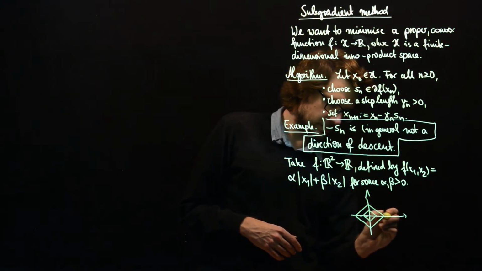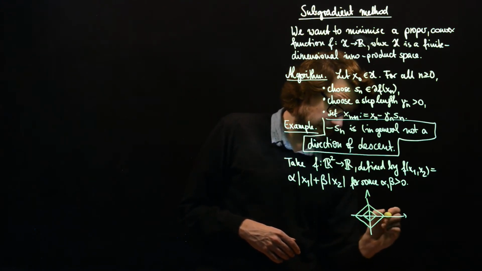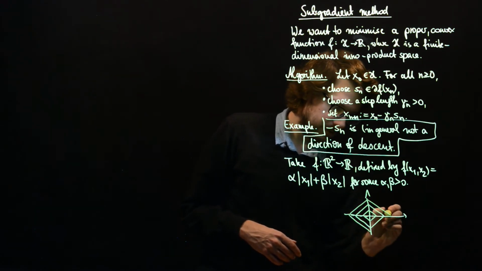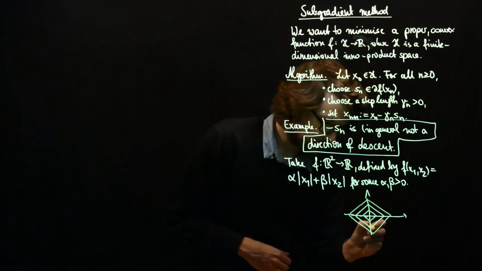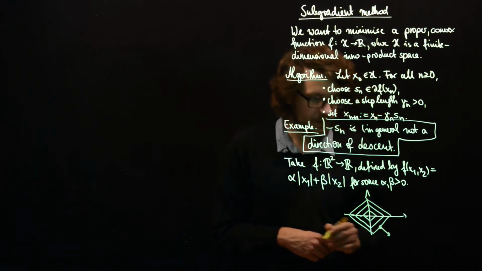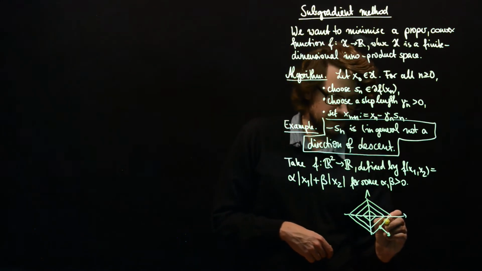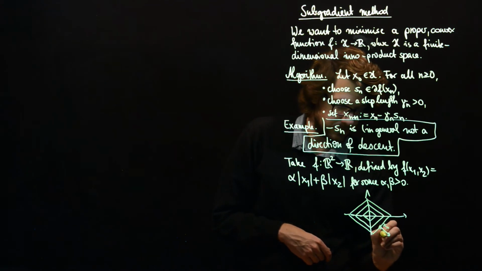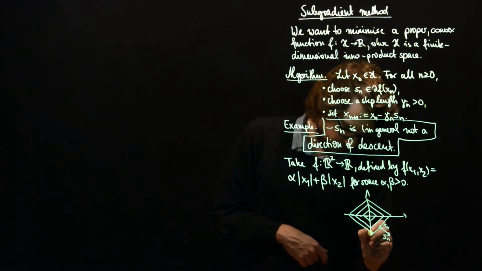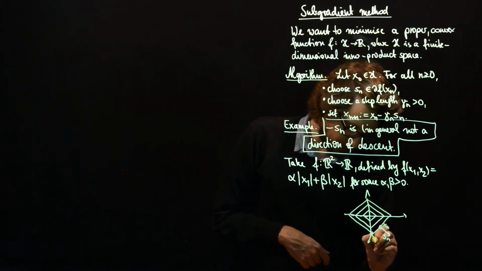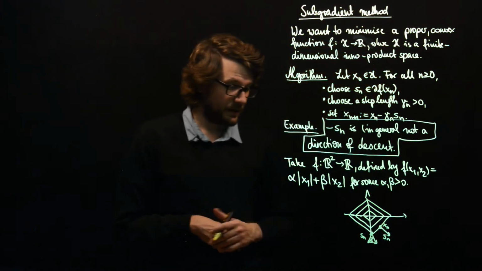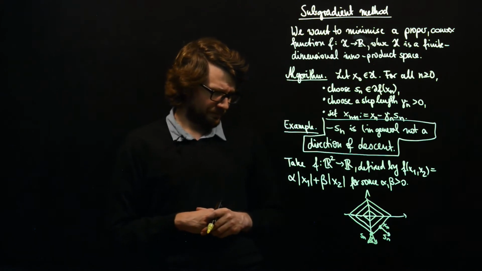The points of non-differentiability will be like this, and you have these level sets here. So any subgradient here would point into this direction. If this is xn, then this is Sn, and here you have the whole thing, so these would be possible values of Sn if you're at this point here.